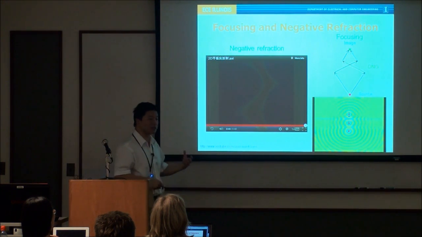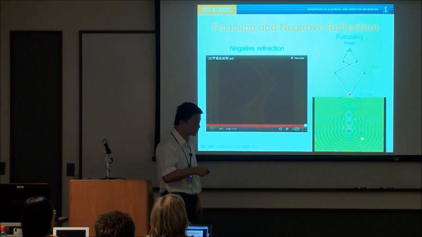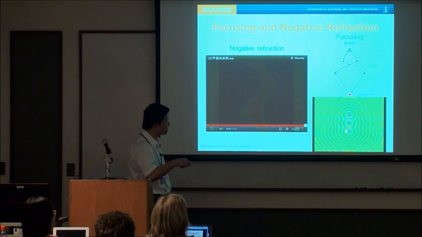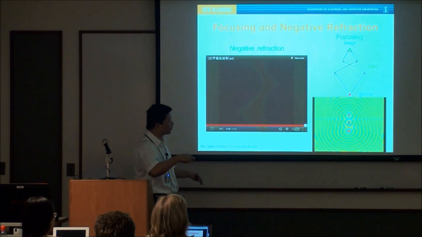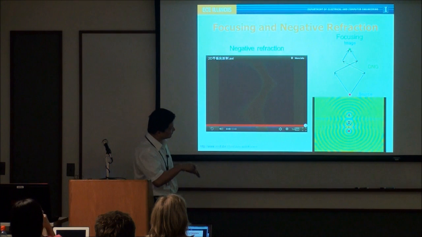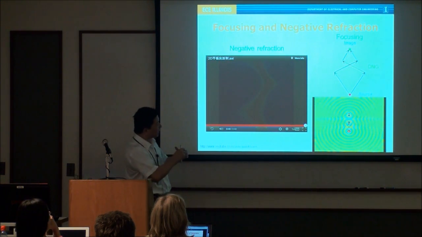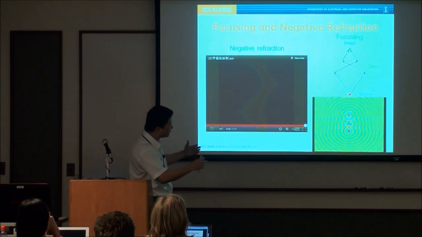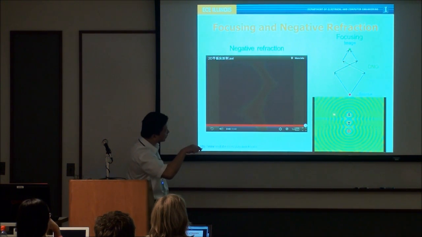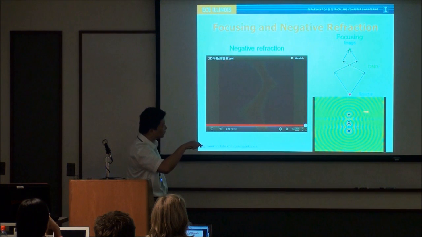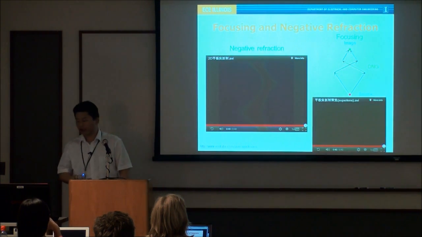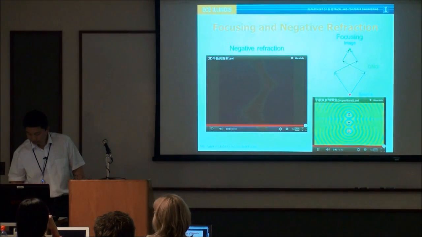This is not possible at all for normal materials. If you have natural materials, this point source will definitely have a propagating spherical wave propagating away from the point source, and that wave will continue to propagate, and you have no way for an image forming in that case.